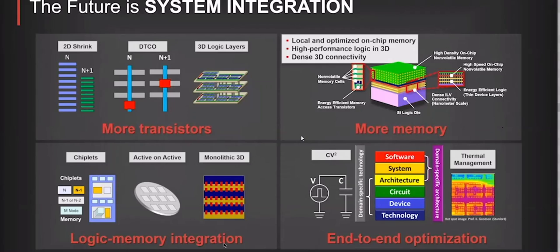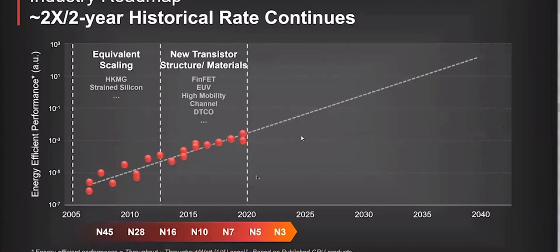More logic memory integration: we have chiplets, active on monolithic devices, and end-to-end optimization. For the simulation or the modeling, we need more software to go end-to-end simulation from the transistor to the full thermal management.